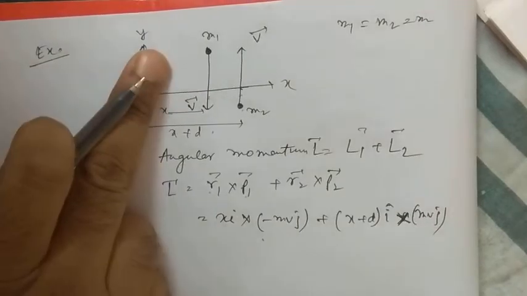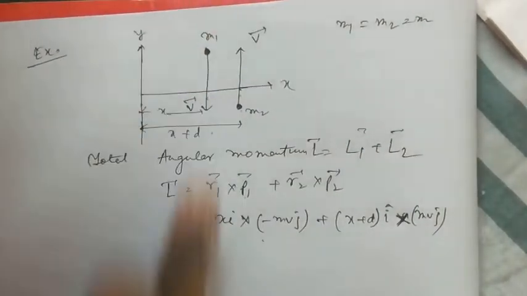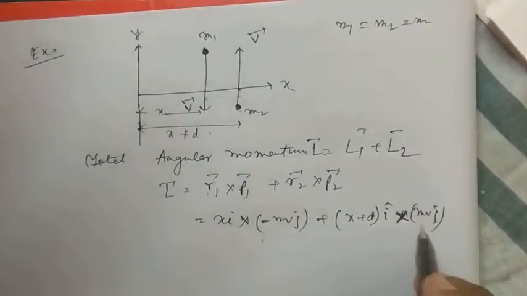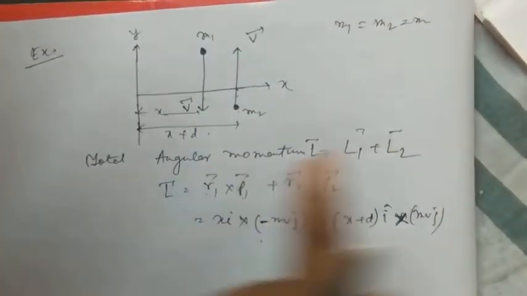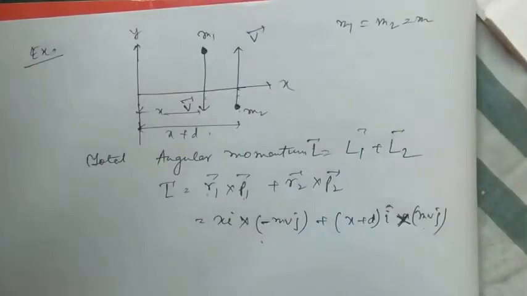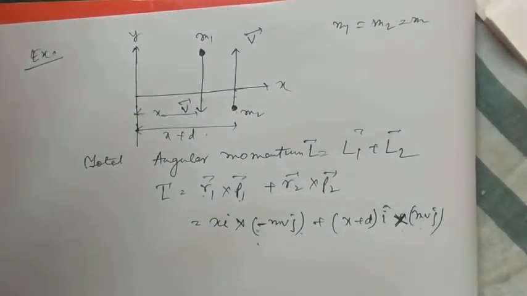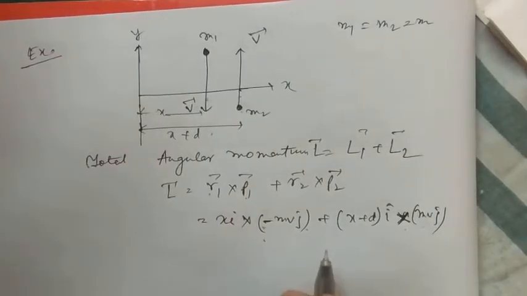For the first particle, this is moving along the negative y-axis, so we have written minus j, and this is moving along the positive y-axis, so plus j.